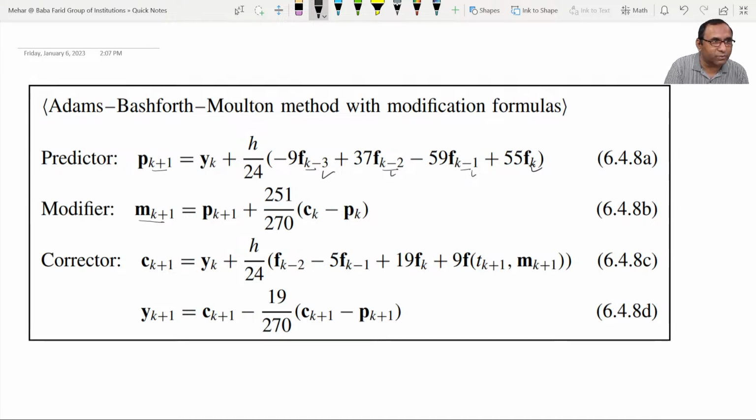So this value will be used at this place and this value is used at this place. And c_{k+1}, the corrector value, will be equal to this formula which is given in equation number 6.4.8c. And also you will see that this value is used at this place, to update the value, to correct the value.